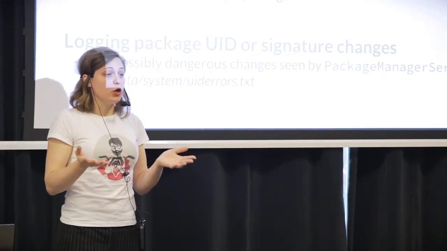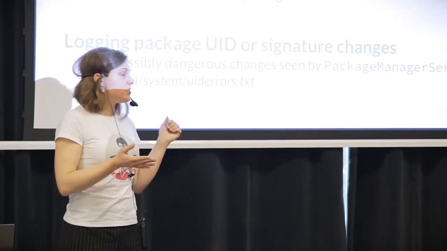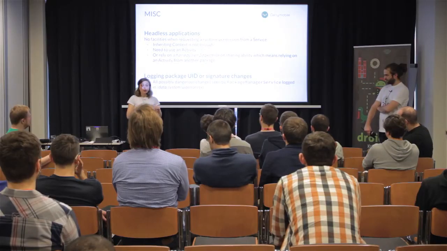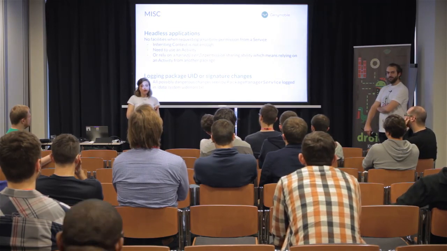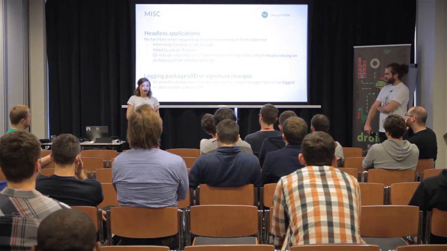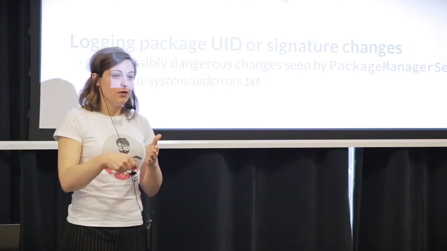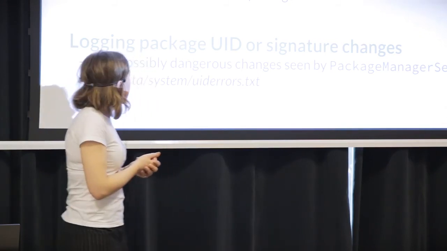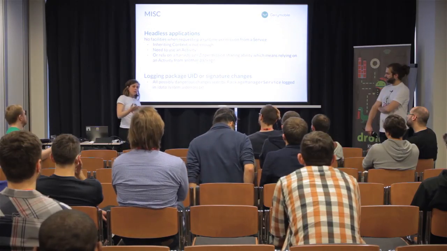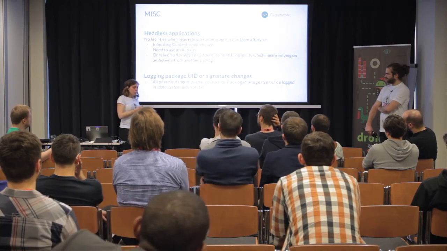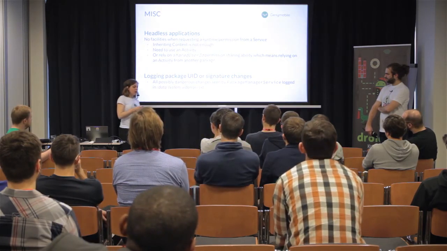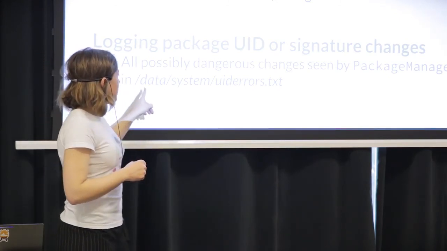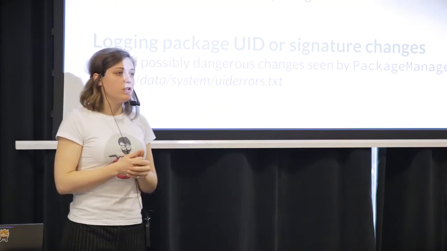If you're not able to use this attribute, what you can do is show your user the settings of your application directly, even if you're in a headless application. Then the user will be able to grant the permissions. That is the only way you can do it with headless applications. Another thing that can help developers: if you have any problem regarding your UID, the change of your UID and so on, you have a log in the data system UID errors that gives you a lot of information about that.